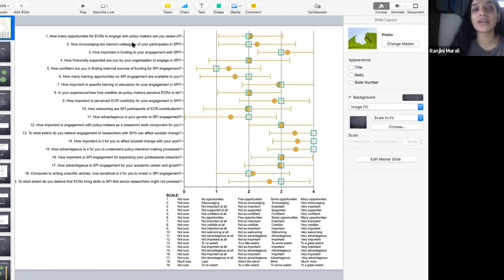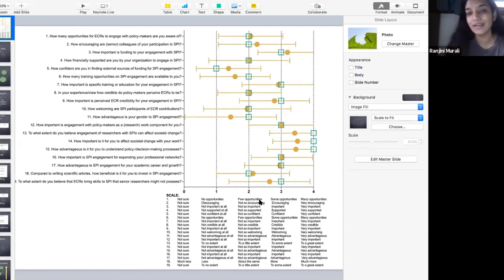So again, if we look at the first one, how many opportunities are you aware of for ECRs to engage? That is 2. Over here, the scale of 2 is like, so 0 is 1, so 2 is the middle. So 2 is like few opportunities. So most people were aware of only few opportunities, with the range being no opportunity to some opportunity.